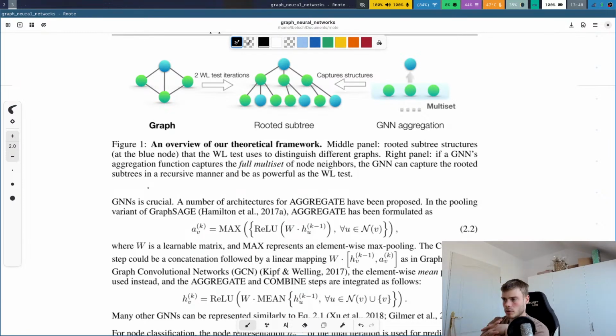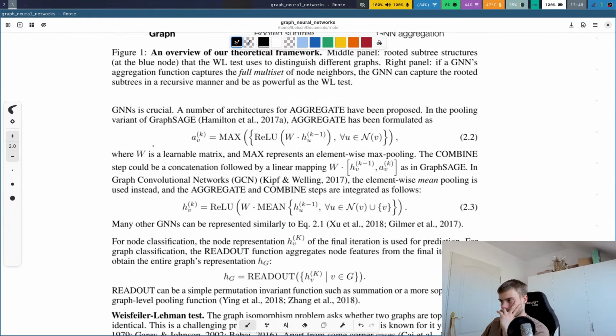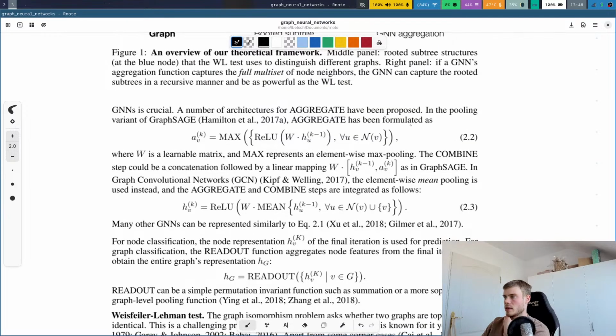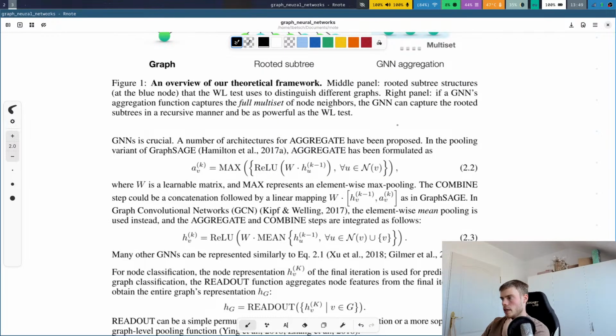In the pooling variant of GraphSage, aggregate has been formulated as this. It's a ReLU of this matrix multiply and max pooling of all of the neighborhood nodes, where W is a learnable matrix and max represents an element-wise max pooling. Okay, element-wise max pooling.